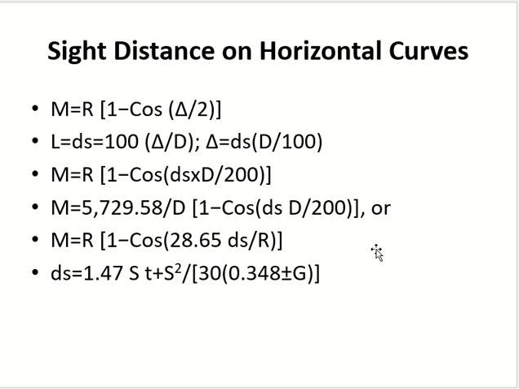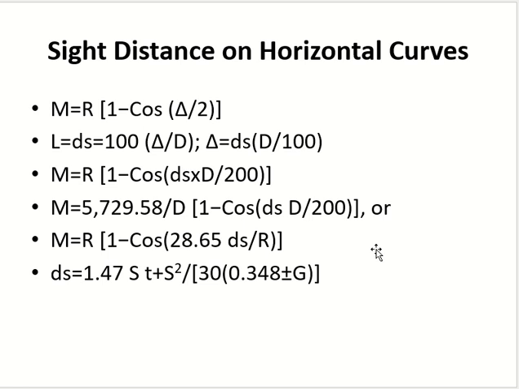So we don't need to keep r and d both. We can keep one of them. If you replace r with this, your final equation is this one. There is no r, only degree of the curve. If you want to replace d and keep all the r's, then your final equation is this one. So you only see r.